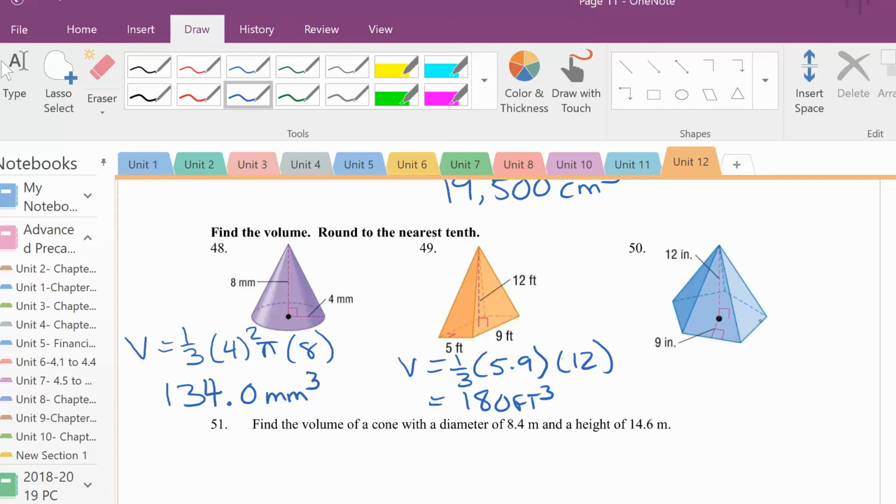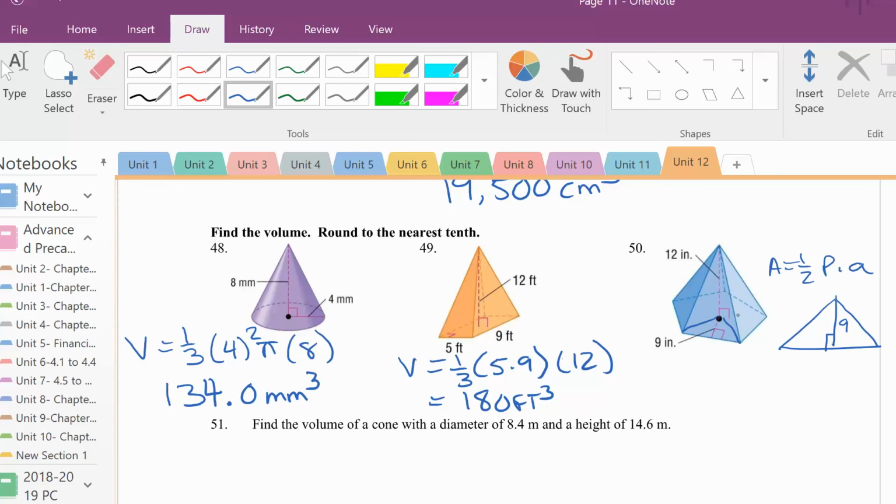Here it's a pentagonal shape. Remember, in a pentagon, we know the apothem is 9, but now we have to find this edge so that we can find the perimeter of the base, because the area of a pentagon is 1/2 perimeter times apothem.